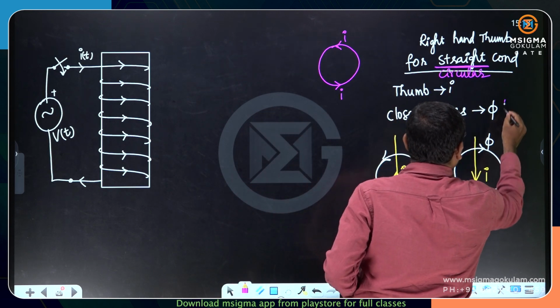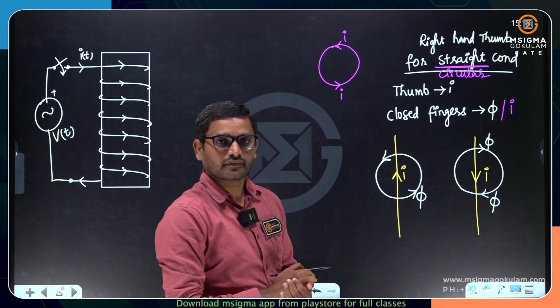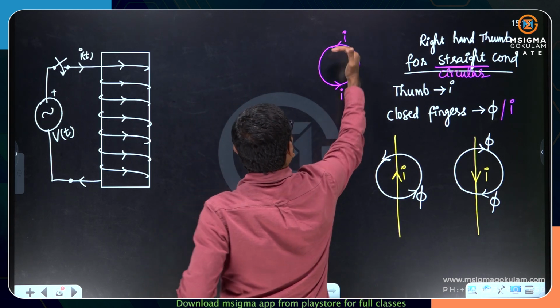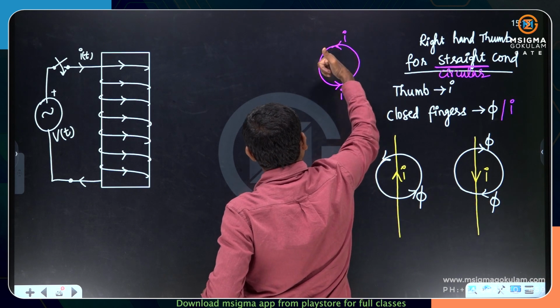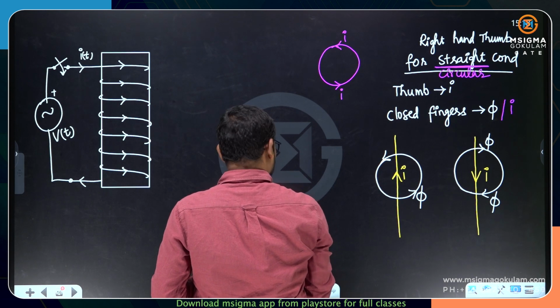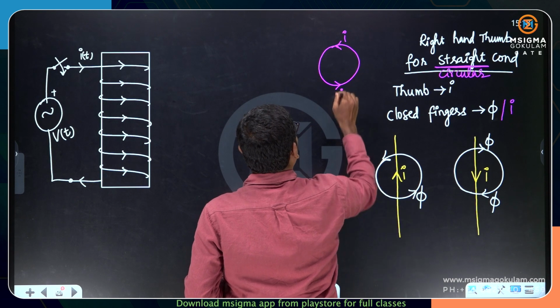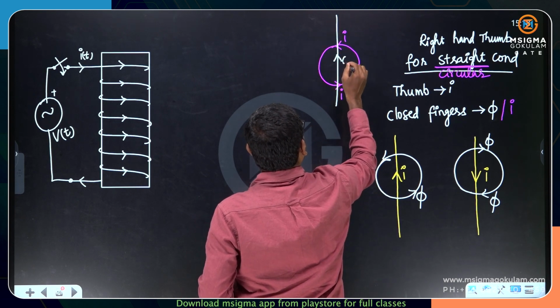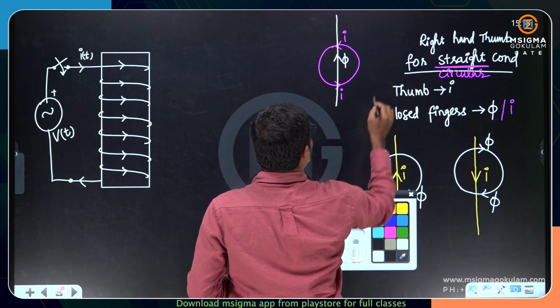For a circular conductor, curled fingers will indicate current. So the current is moving in the anti-clockwise direction, and therefore the flux produced is upward, like this.